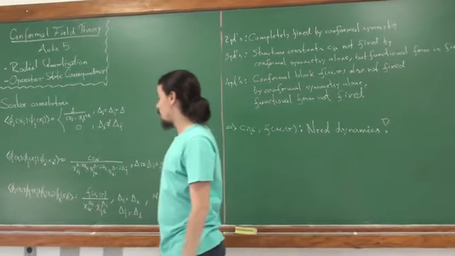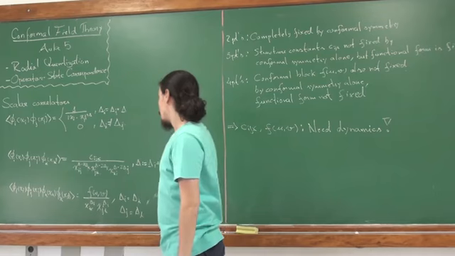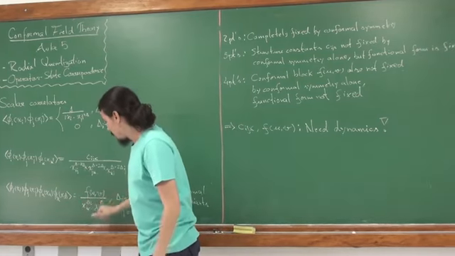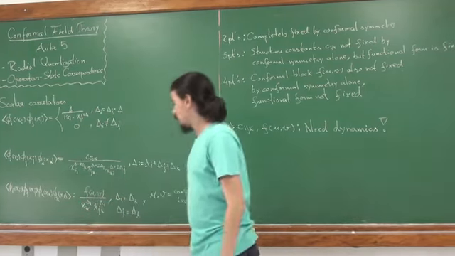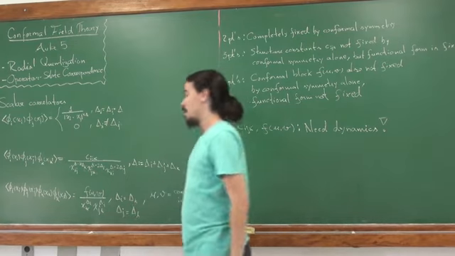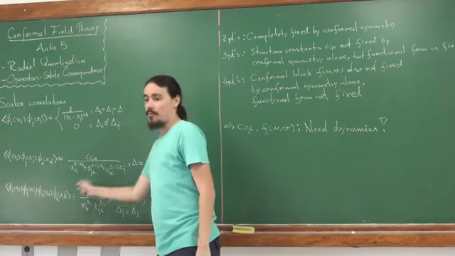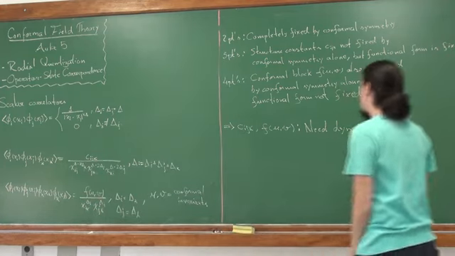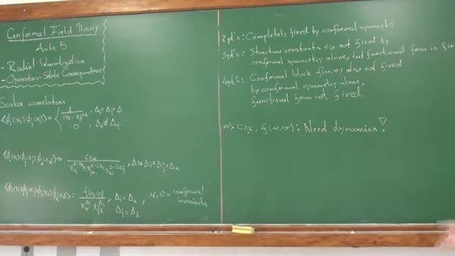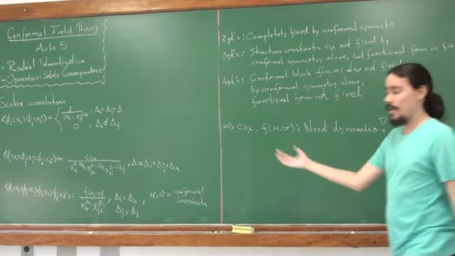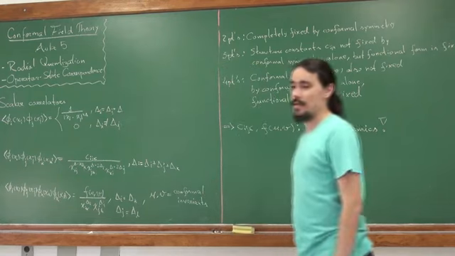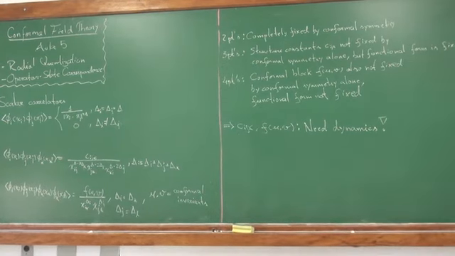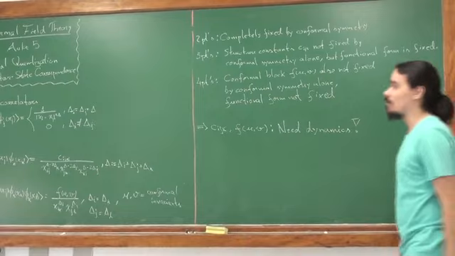And similarly, when you go to 4 point functions, you can only factor out the scaling behavior, which you can do in more than one possible way, but you still have this conformal block f of u and v that is an arbitrary function of these two variables, and u and v are the conformal invariants that we discussed last lecture.